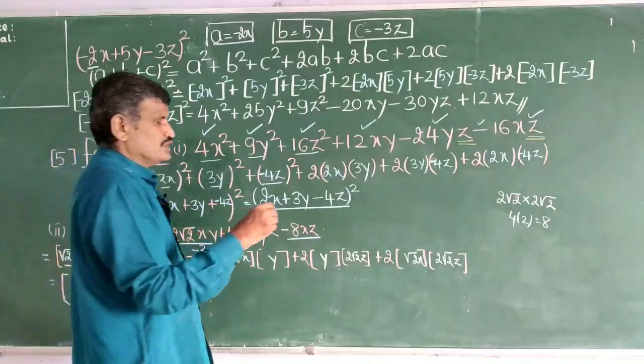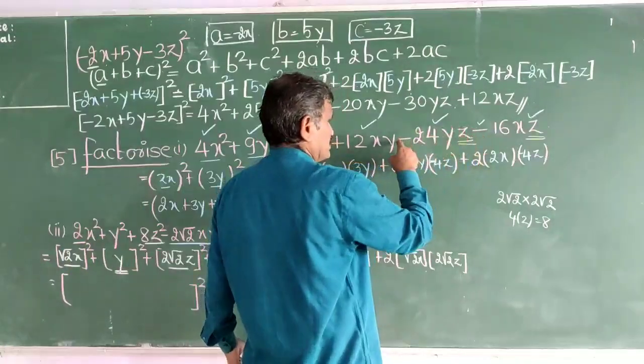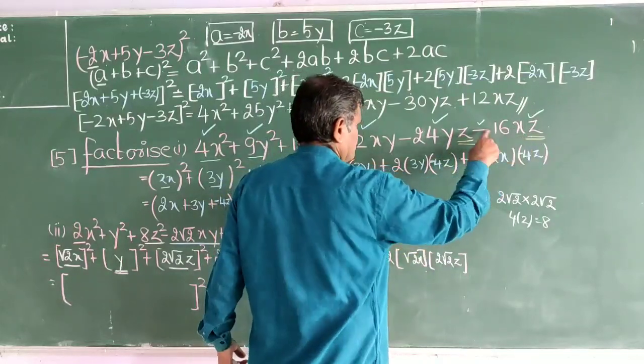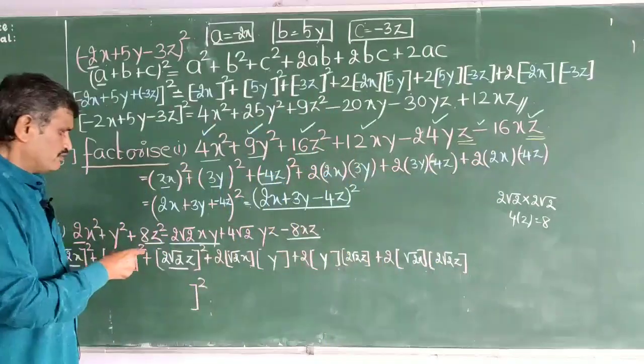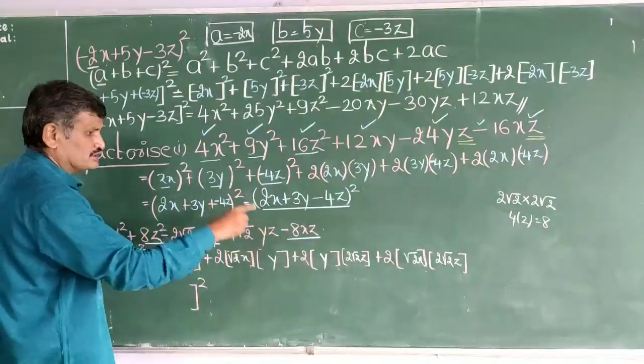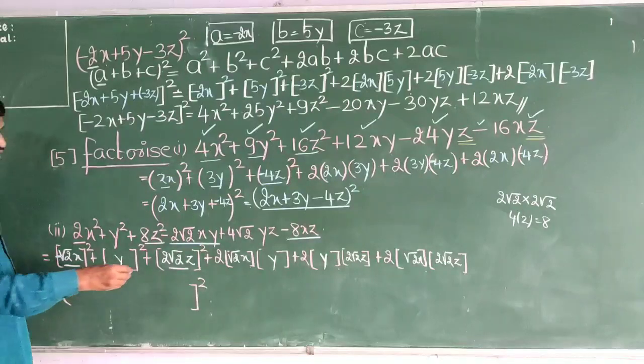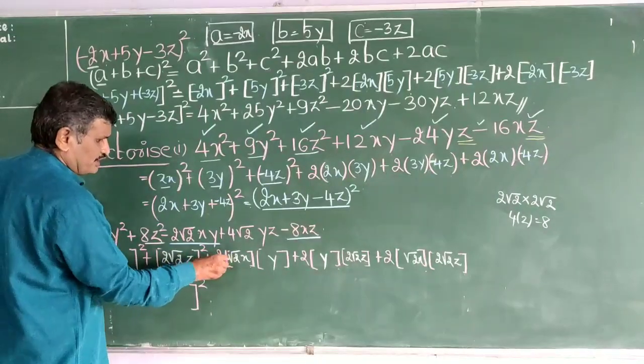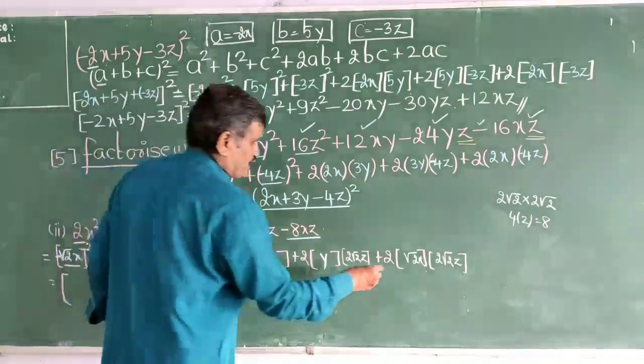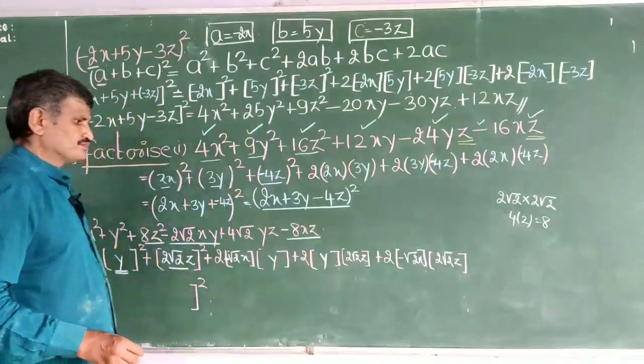Now here also you could see, wherever negative sign is present, z is common. In the same way, wherever negative sign is there, x is common. So that means x is negative. So wherever you find x, you put minus sign.